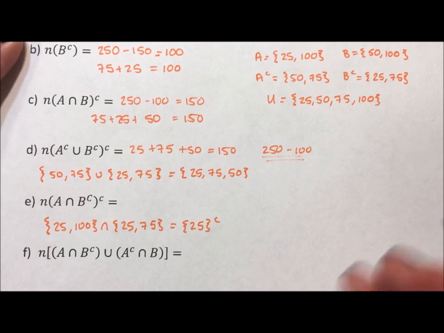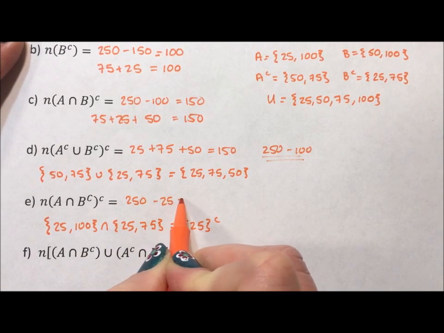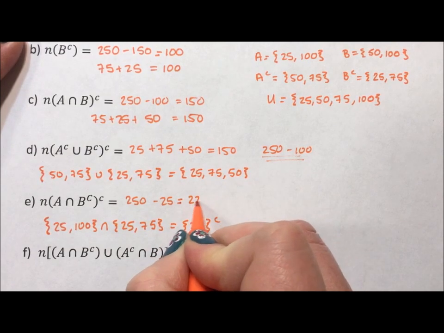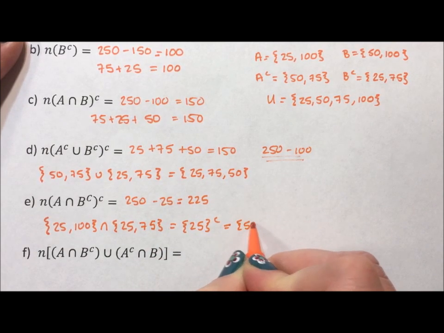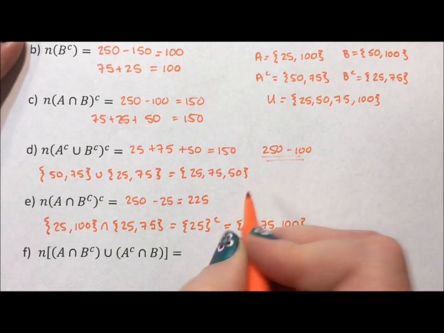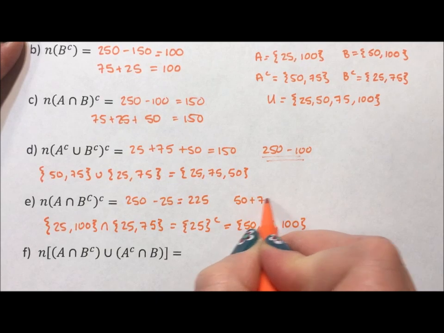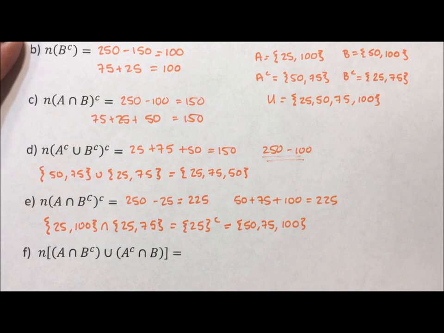The complement means 250 minus 25 is 225. Or you might take the complement and write 50, 75, 100, and just add up these pieces. 50 plus 75 plus 100 is 225.